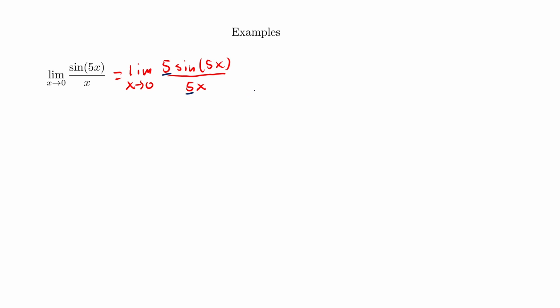Now we're going to do something called a substitution. Because x is approaching 0 here, if we substitute x with 5x, we know that 5x is also going to approach 0. So if x is going to 0, 5x is also going to 0. We can let theta be equal to 5x. That allows us to write this as the limit as theta approaches 0 of 5 sine of theta over theta.